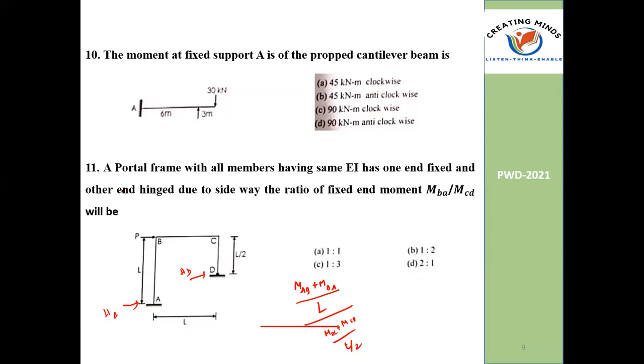The thing is, what is told is that it's a hinge. If it is a hinge, then there is no moment. A portal frame, members of EI same. One end is fixed and the other end is hinge. Due to sway, what is the fixed end moment?